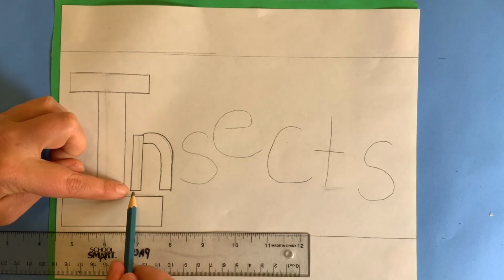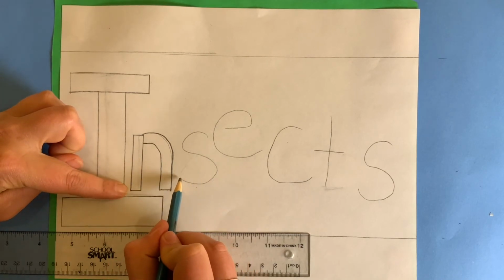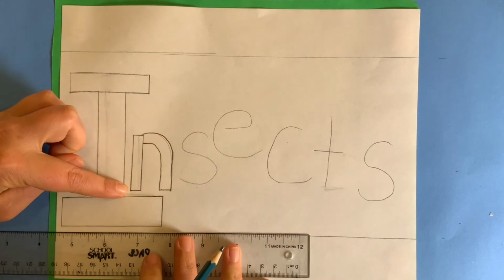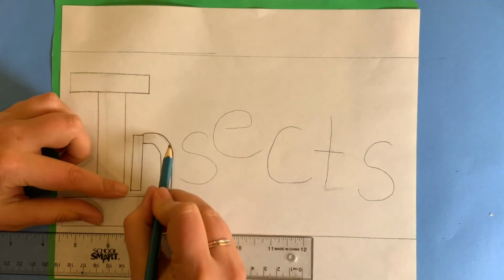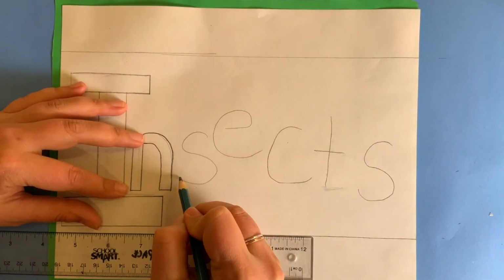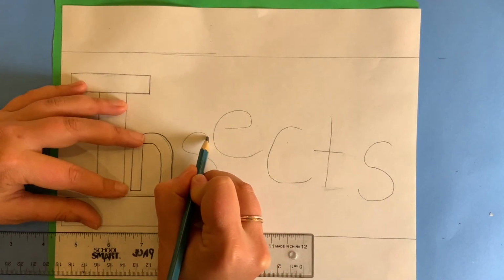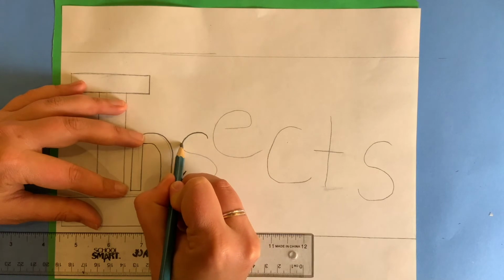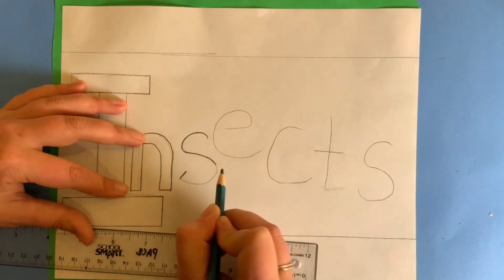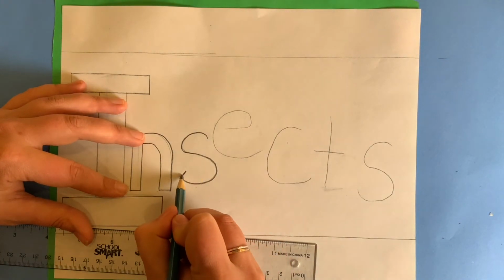So we're going to use this distance right here, and that's going to be the same distance for each of our block letters. Okay? So we have our beautiful S, and we're going to make the line, see how it's the same distance? So draw your letter S, and there's our line.